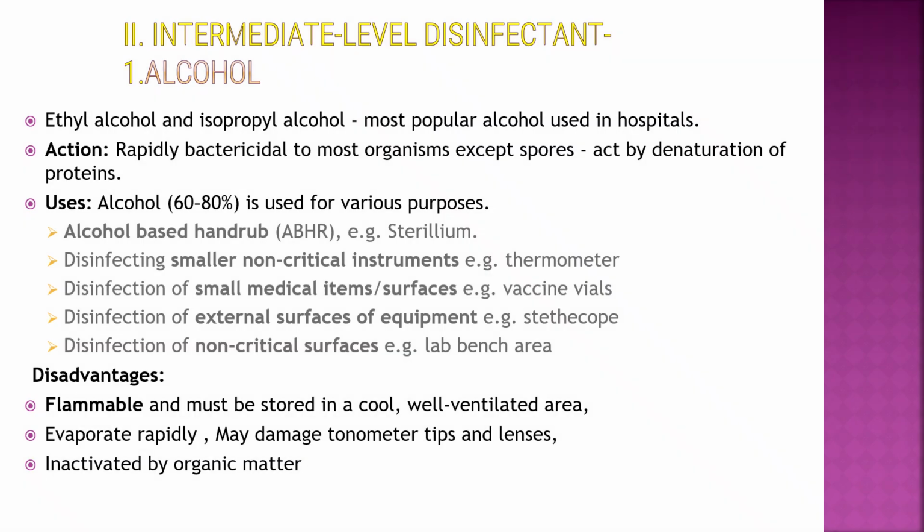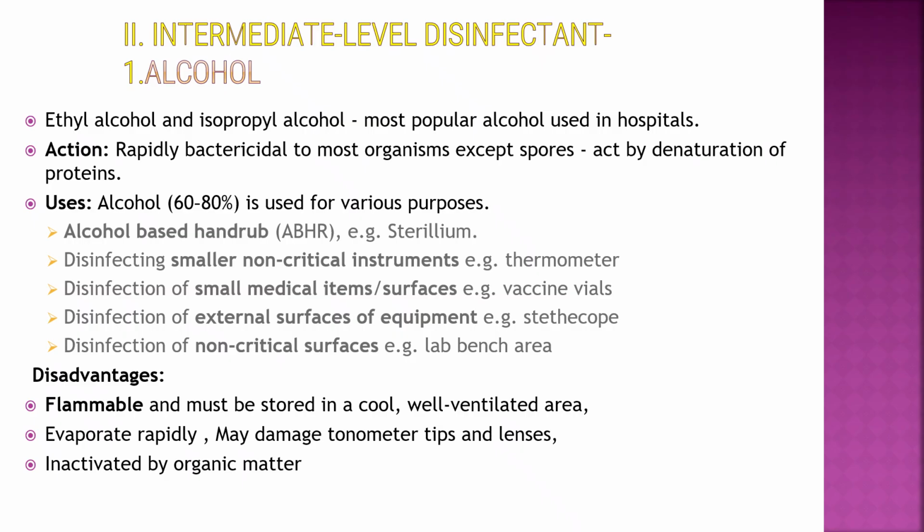Second is the intermediate level disinfectant. Example is alcohol. It can be used in preparations like ethyl alcohol and isopropyl alcohol, the most popular alcohols in hospitals. Action: rapidly bactericidal except against spores, by denaturation of proteins.